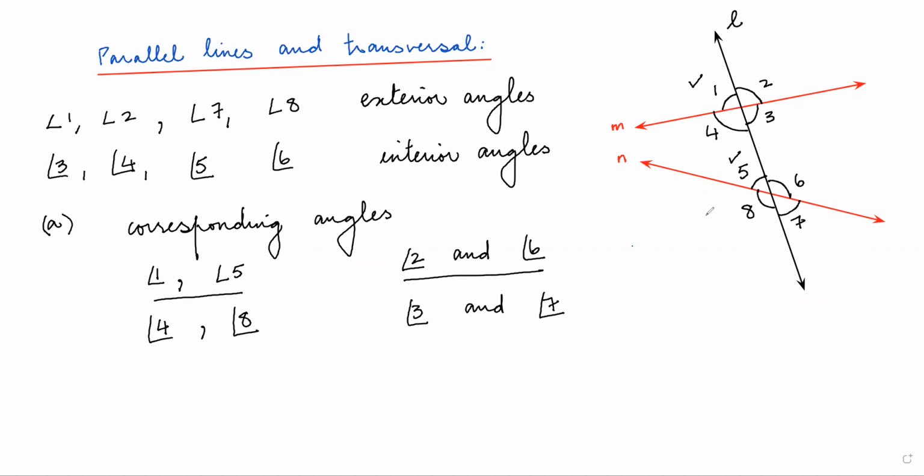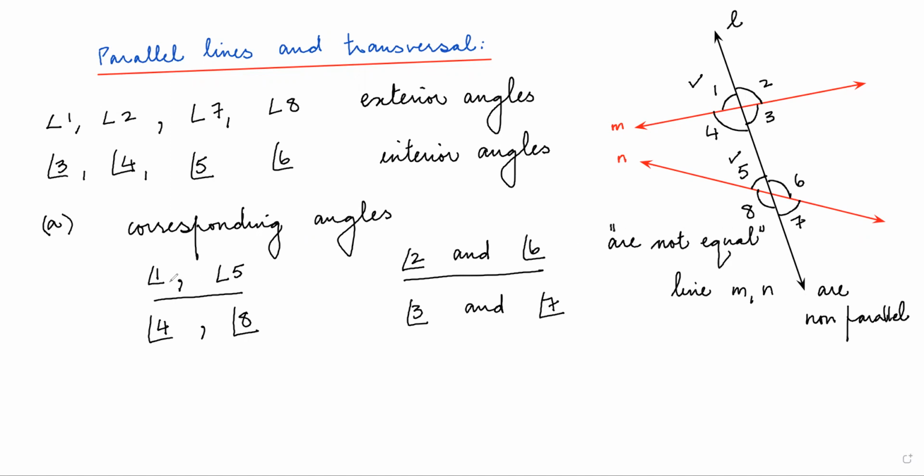Interesting, students. When lines M and N are non-parallel, am I right? These are non-parallel lines, students. Then the corresponding angles are not equal. Very interesting thing.